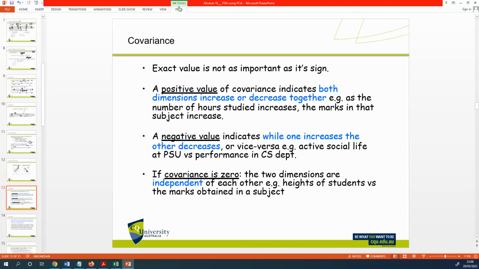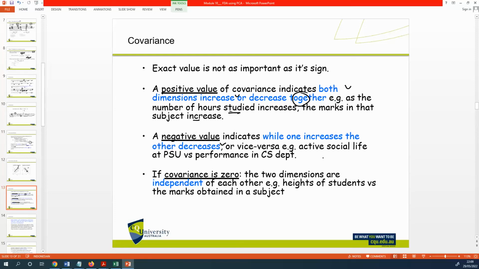A positive value of covariance indicates both dimensions increase or decrease together. For example, as the number of hours studied increases, the mark increases. A negative value indicates that one increases while the other decreases.